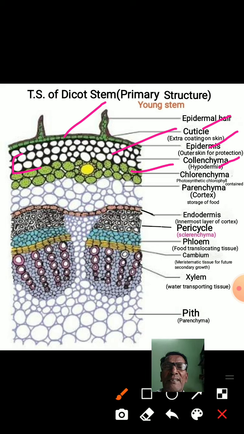The parenchyma cells contain photosynthetic pigments in them. Due to the presence of photosynthetic pigments in the parenchyma tissue over here, this parenchyma is called chlorenchyma. Chlorenchyma means photosynthetic, chlorophyll pigment bearing tissue.